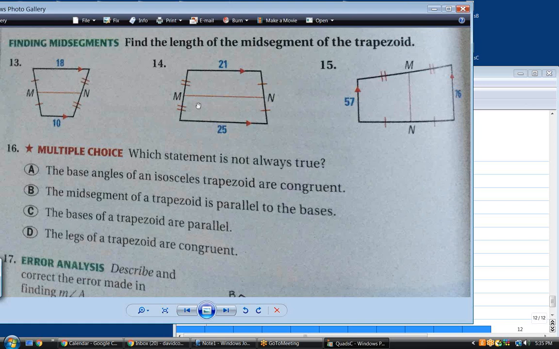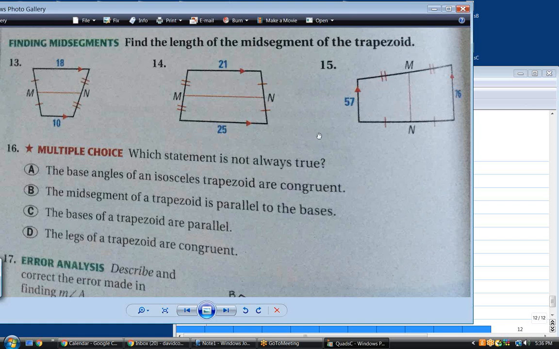What's this one? So that one would be 23. And I'll bet you did this the way I did it. You did not add these two numbers together and divide by 2. You found the difference was 4, cut that in half, added 2 to 21.